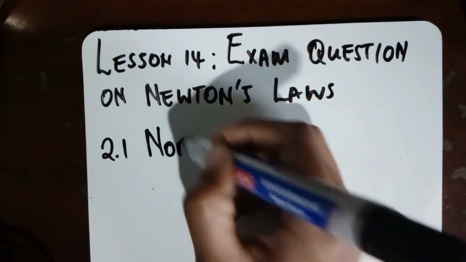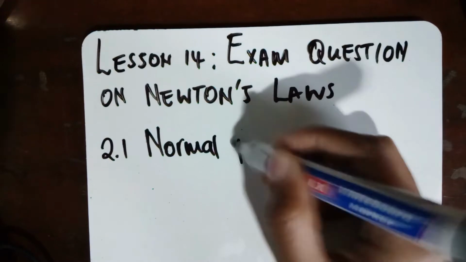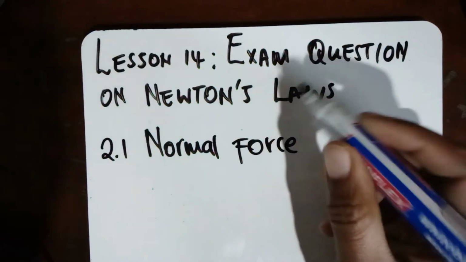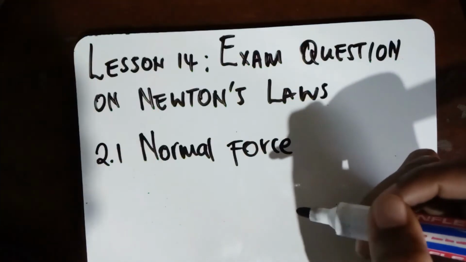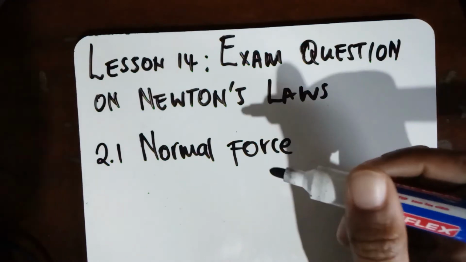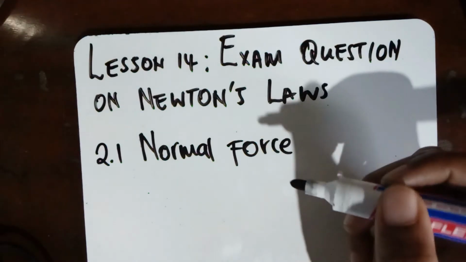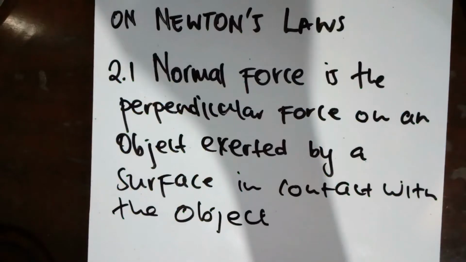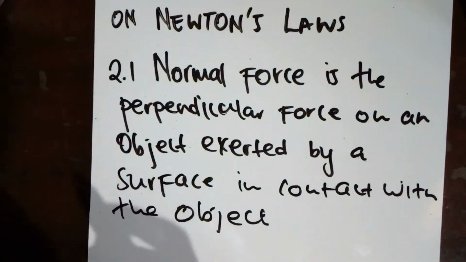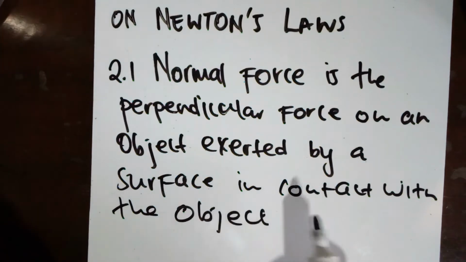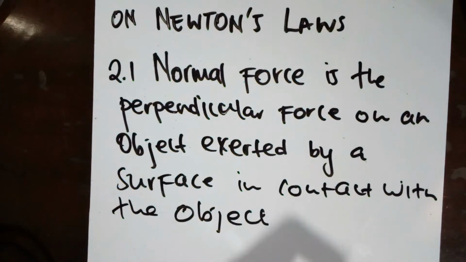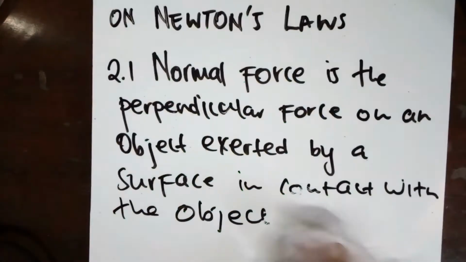We've already defined what a normal force is in previous lessons, and we said that it is the perpendicular force on an object exerted by a surface that is in contact with that object.